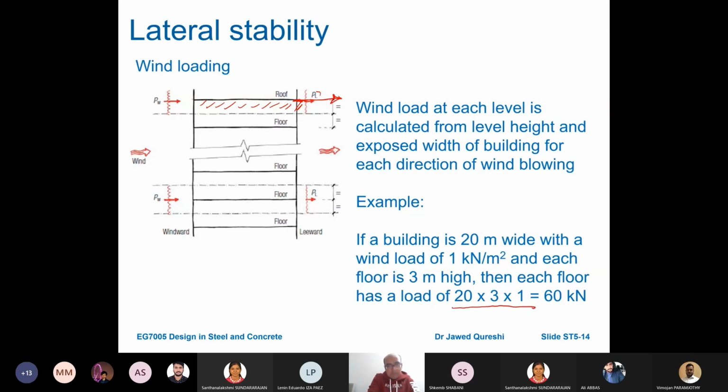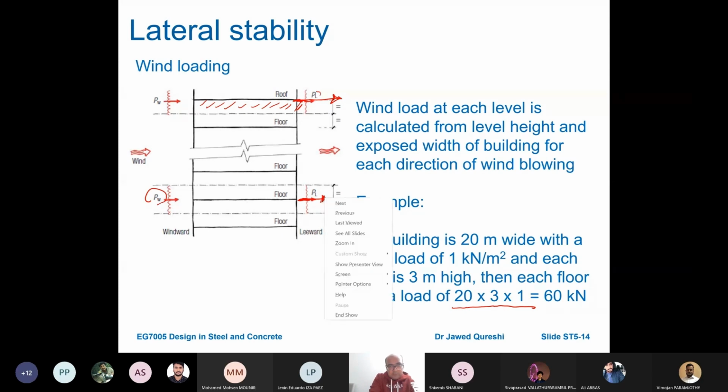The key thing here is that at a floor level, you can see that this is the wind force. Wind is entering from this side and exiting on the leeward side. This is the windward side. The height that we are going to consider for this wind loading is half of the height at the top and half of the height at the bottom.